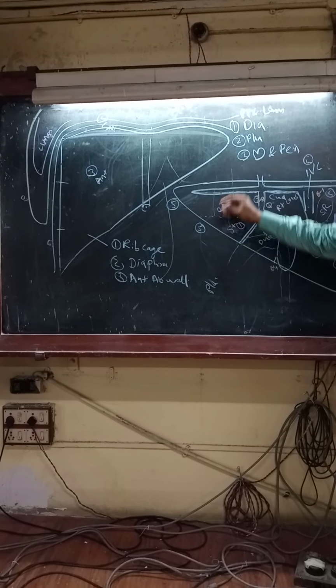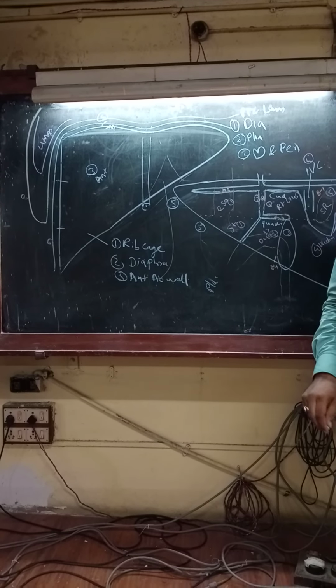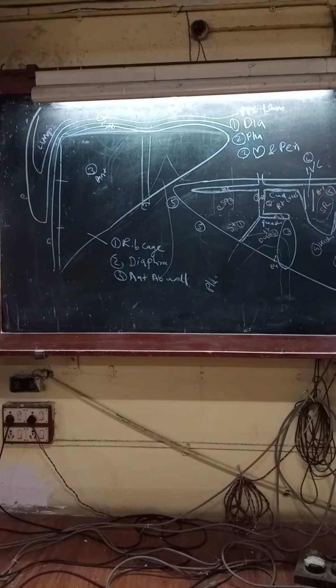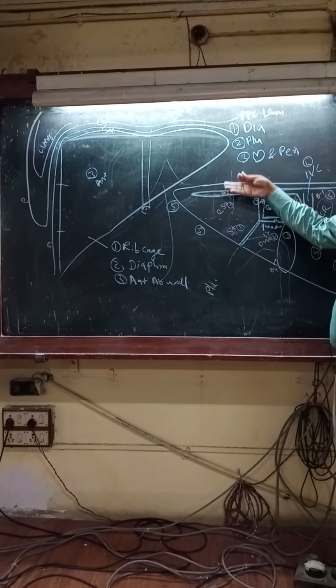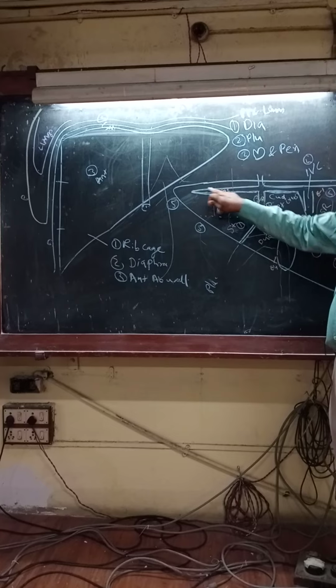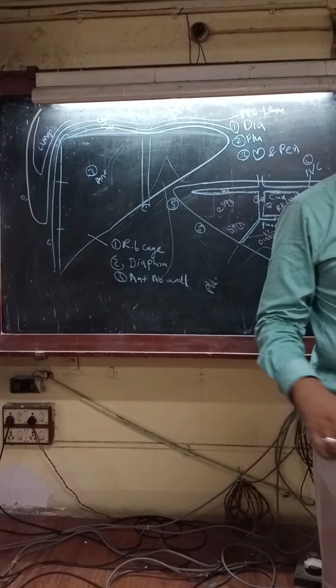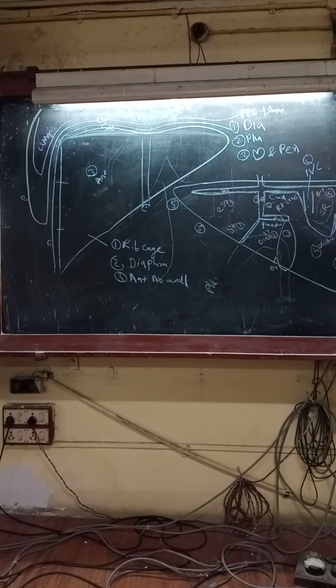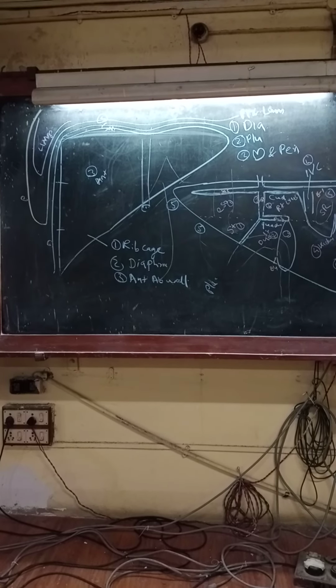Okay, the triangular ligament, the left triangular. What is left triangular? Peritoneum from here goes above, from here goes like this. So this area remains bare. Here up to this point.